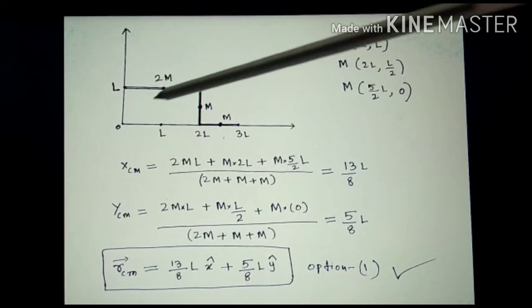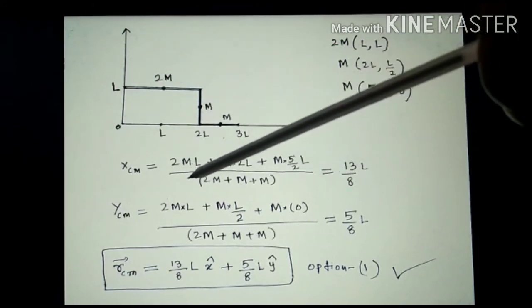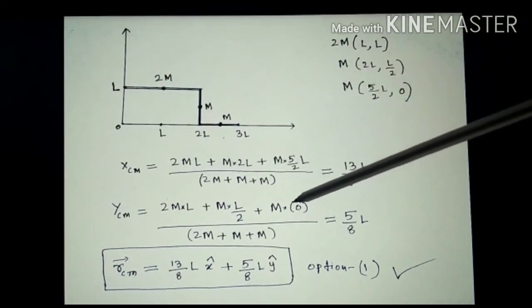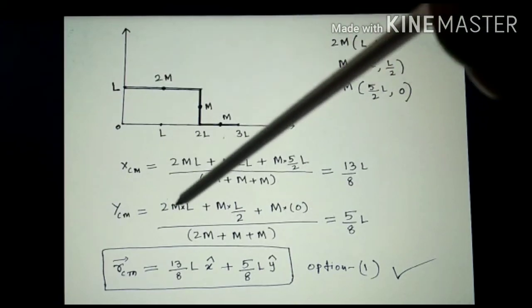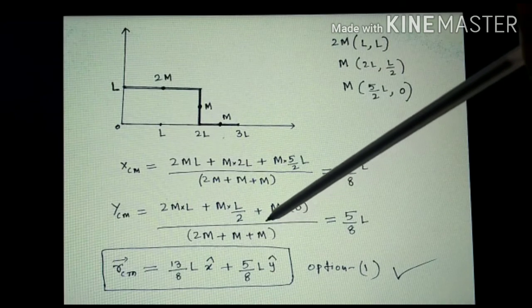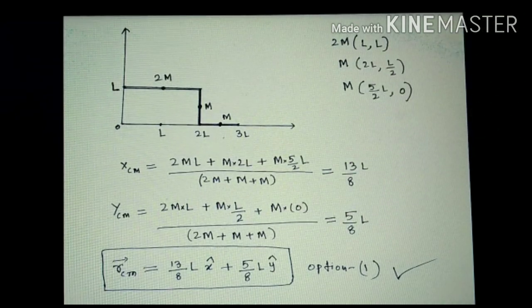Similarly for the y coordinate, m1 y1 plus m2 y2 plus m3 y3, where y3 is 0 for the third portion, divided by m1 plus m2 plus m3. After simplifying, that is 5 by 8 into L.